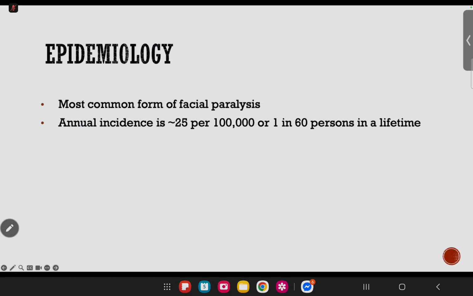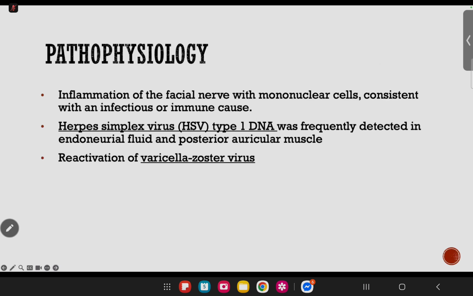So Bell's palsy is the most common form of facial paralysis, with an annual incidence of 25 per 100,000, or 1 in 60 persons in a lifetime. In acute Bell's palsy, there is inflammation of the facial nerve with mononuclear cells, consistent with an infectious or an immune cause.